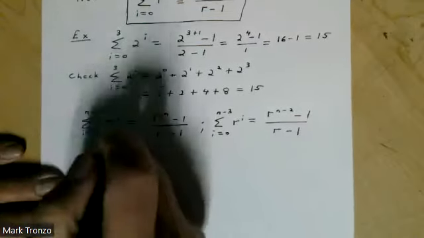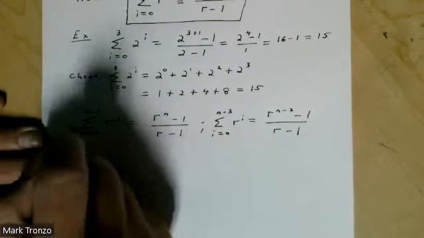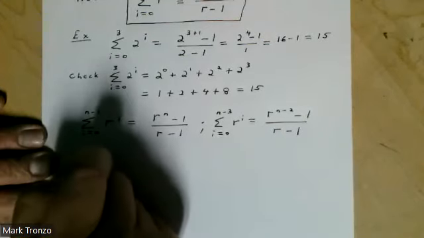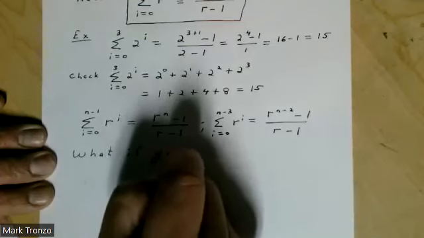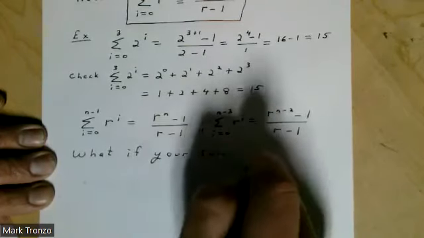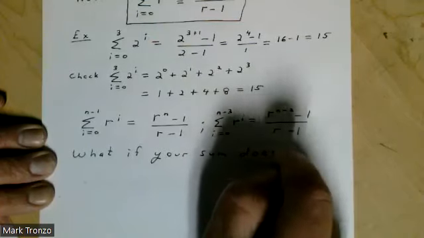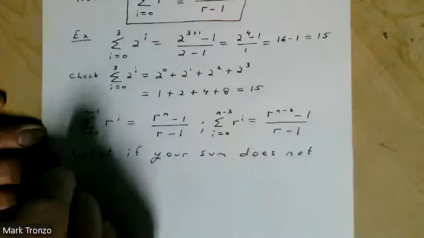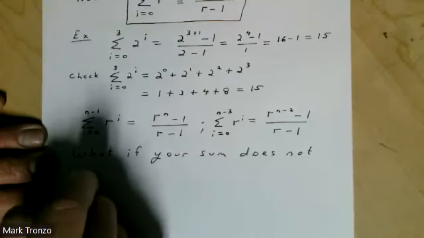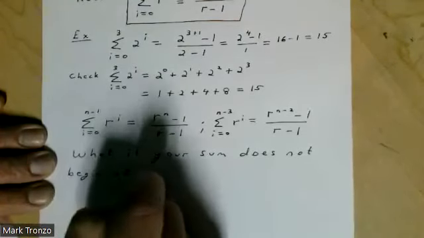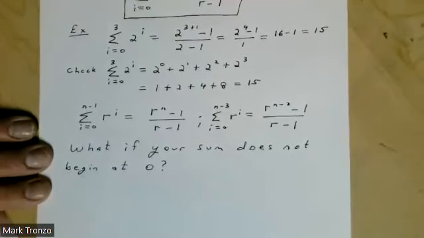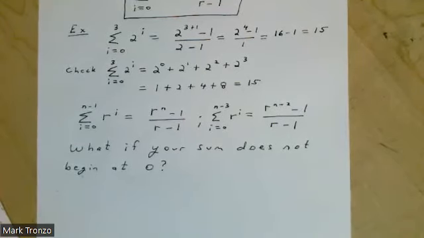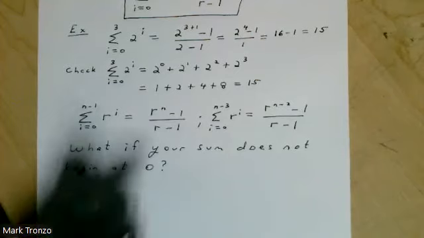Now, what if your sum does not begin at 0? If you've had calculus, there are ways to do it by adjusting the bounds and so forth, but probably the simplest way is just to subtract the missing terms.